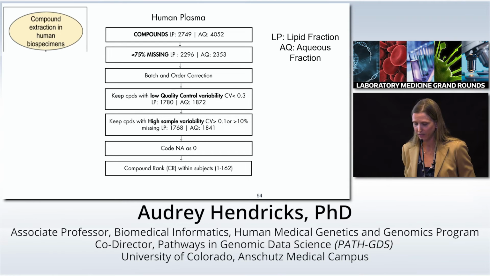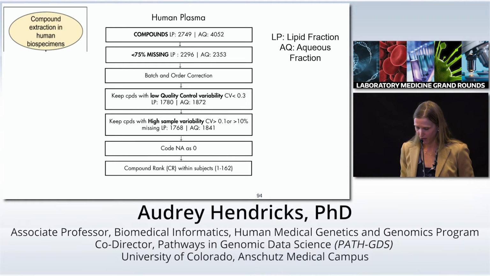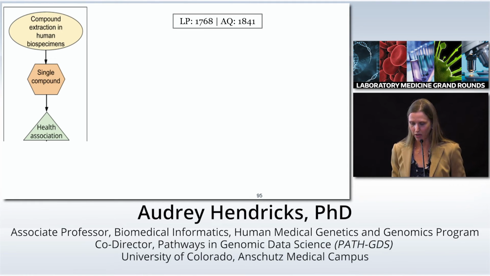We don't want to study them, so we're going to remove those. We code our NAs, our missing values, as zeros because zeros are important when we're studying food and we expect compounds to be there or not. And then we rank our data. After this, we had nearly 2,000 lipid compounds and about 1,800 aqueous.